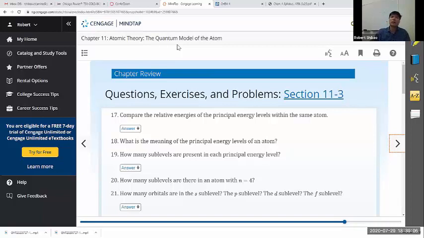The energy is given by the Bohr model, and we get the same energy for the hydrogen atom. The energy is minus R sub H over n squared. The highest energy is if n goes to infinity, this goes to 0.